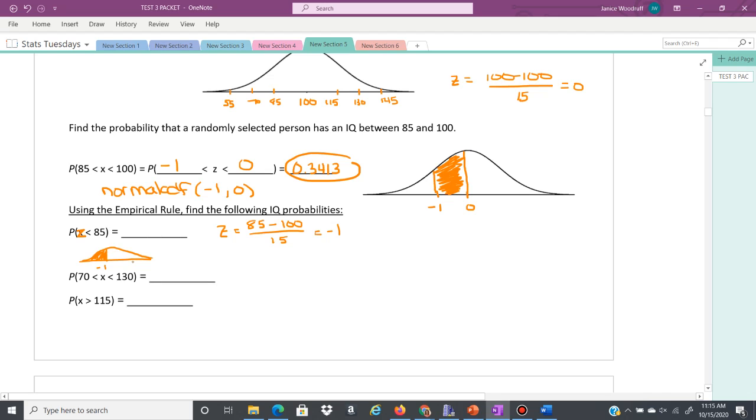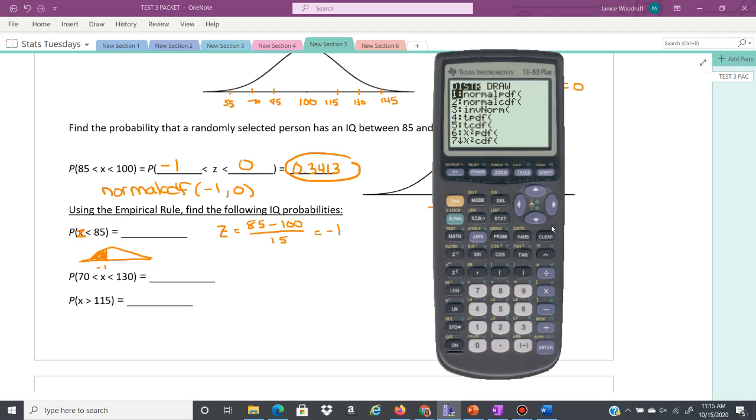If I get a number that's more than half, I'm going to want to check it again. Here, the lower limit is, if I'm going to the left, negative 99, and then negative 1. That is 0.1587.